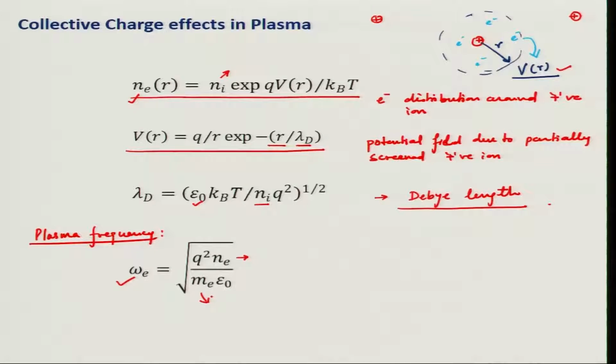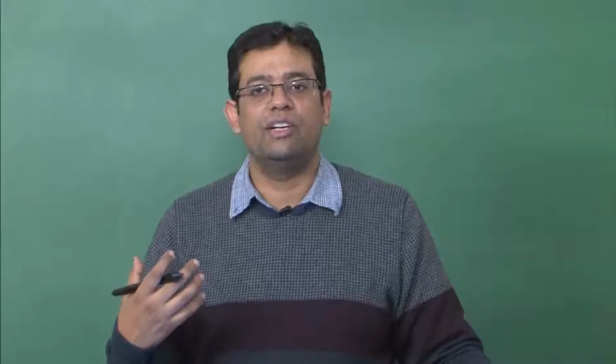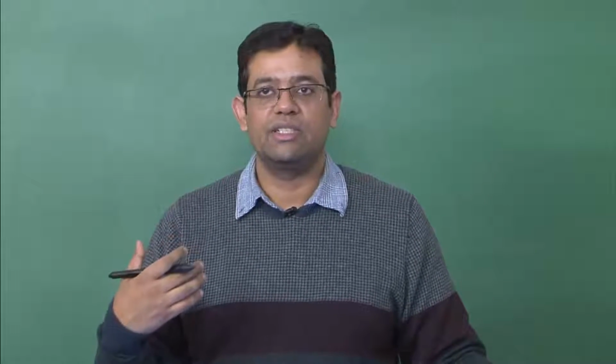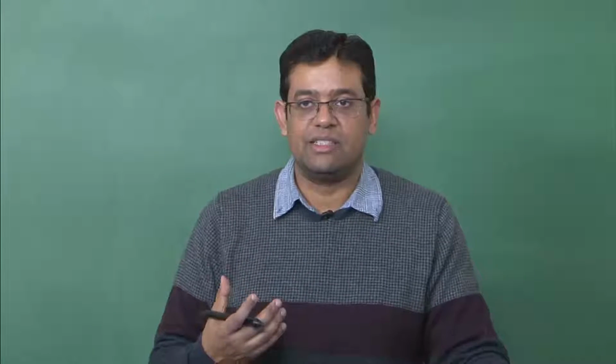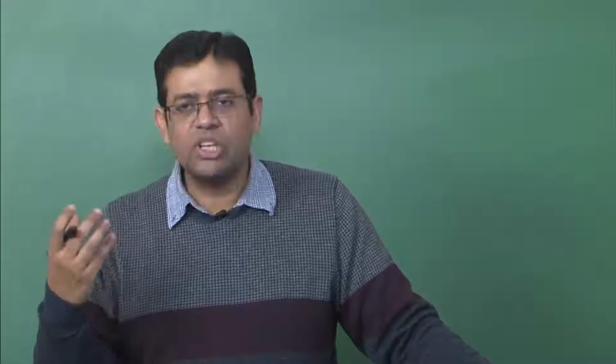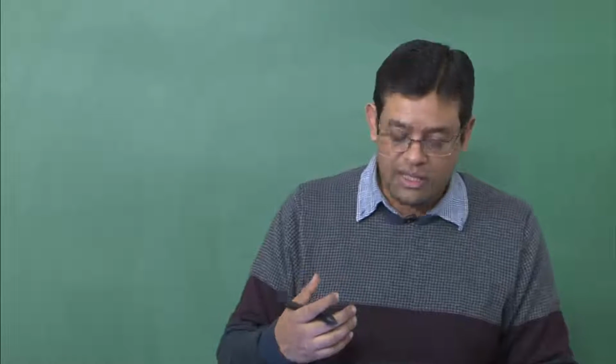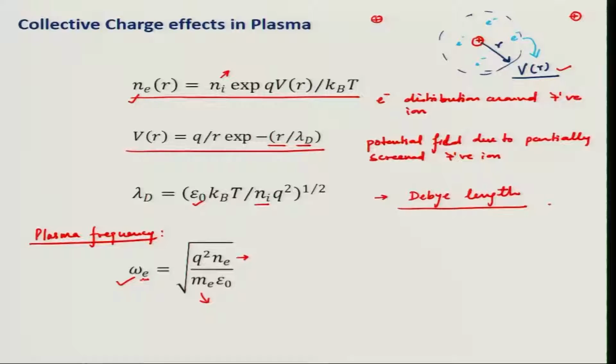Since electrons can respond very fast to any perturbation to this plasma, it only depends on how fast electrons can respond to any changes. We also have ions, but ions respond very slowly because of their heavier mass. So, it is the electrons, and hence the subscript e, that matter for how fast the plasma responds.